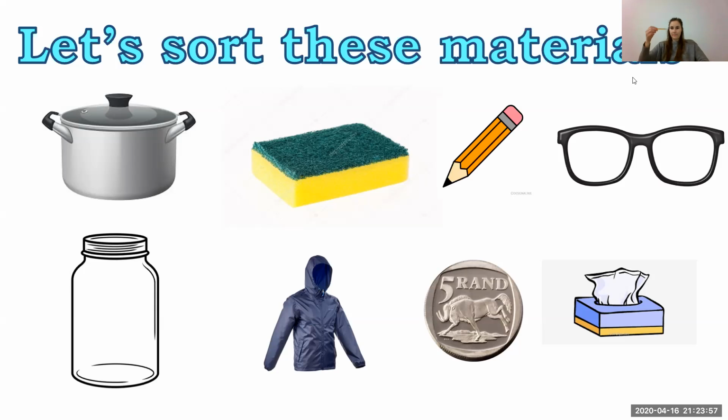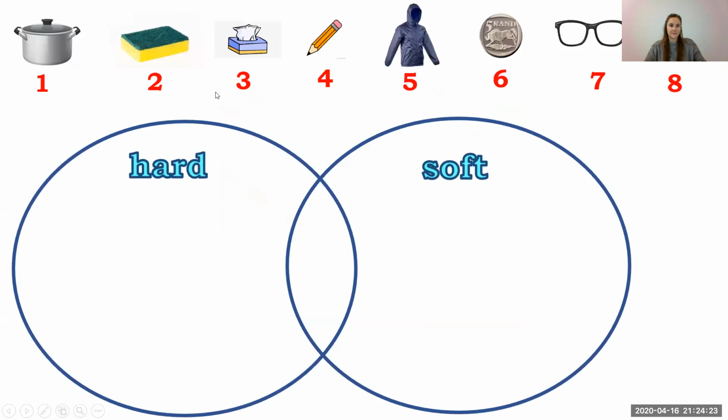We have a pencil, some glasses, a jar, a rain jacket, a tissue, and a coin. So let's start. The first one I will do with you.